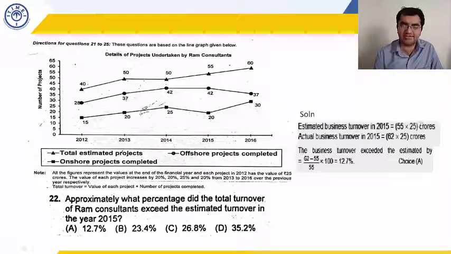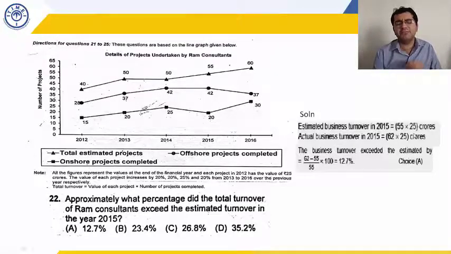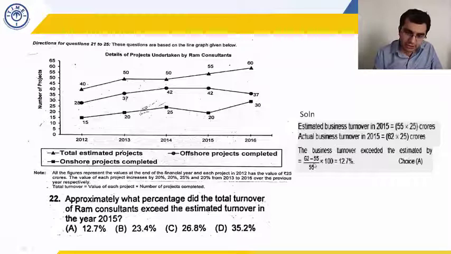It should not be 25. It will be 25 into 1.2 into 1.2 into 1.25. But it doesn't matter because you are calculating percentage value, so they will get cancelled out. So what are you comparing then? 62 minus 55 divided by 55 into 100. That is 12.7%.